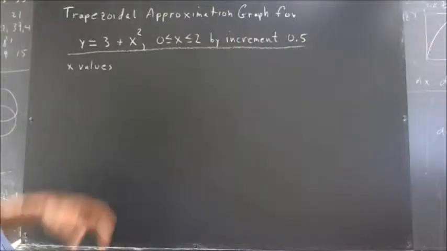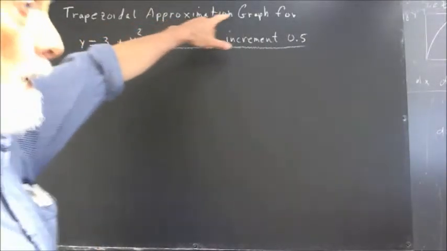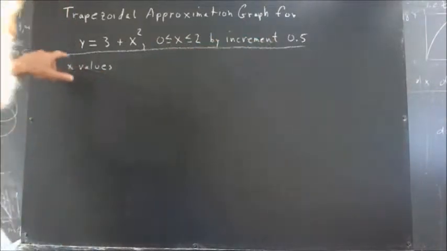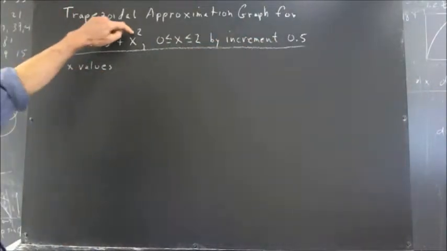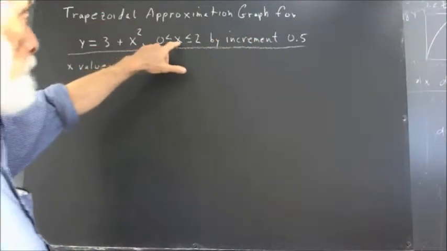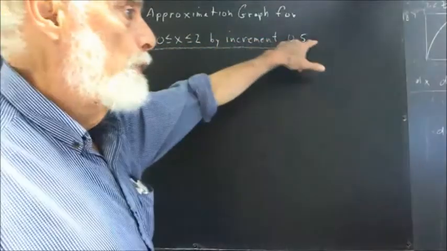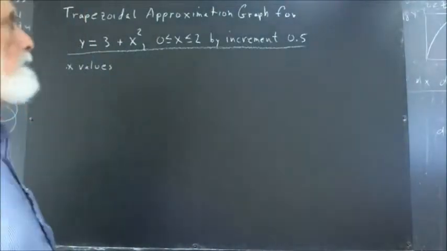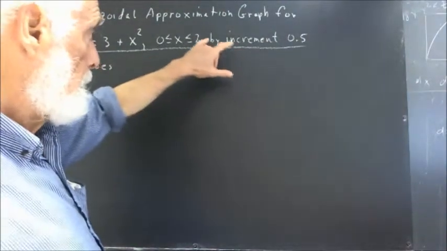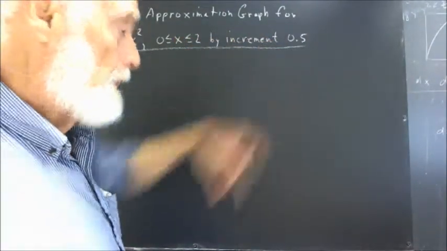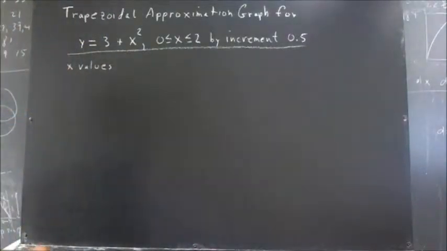Okay, we're going to construct a trapezoidal approximation graph for the function y equals 3 plus x squared on the x interval from 0 to 2 by increment 0.5. Now, it might be clear to you what I mean by increment 0.5, but let's be sure we understand this.